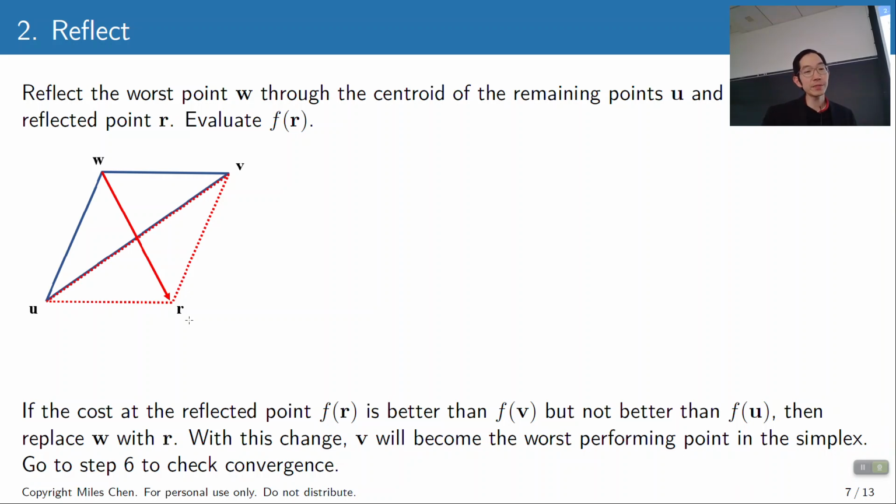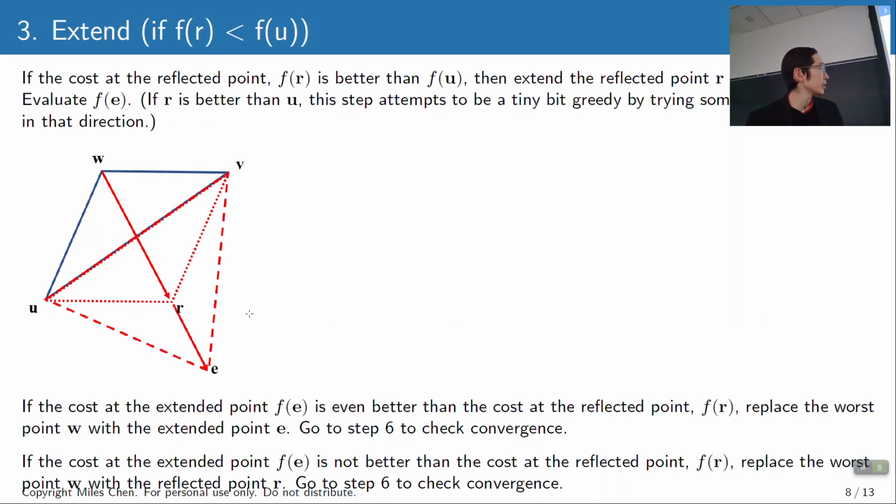On the other hand, if the reflected point is even better than U, okay, then what we do is we say, well, you know what? We seem to be moving in the correct direction. So let's just press our luck a little bit, and let's go even farther out.